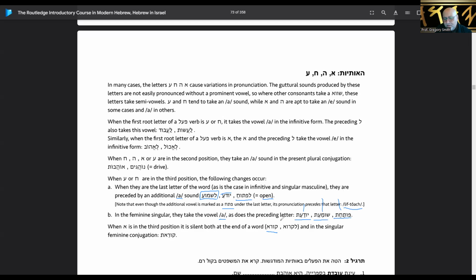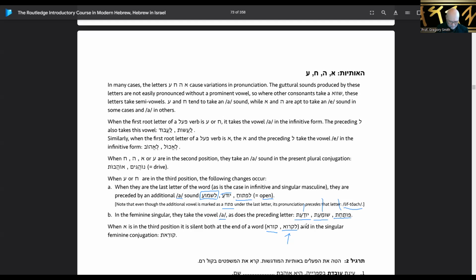There's kore. So that's like ani kore, I am reading. Likro, let's see, what's that one? Ani kore. אני קורא.